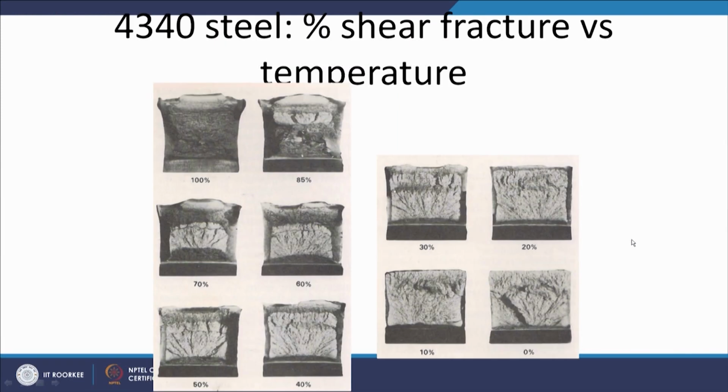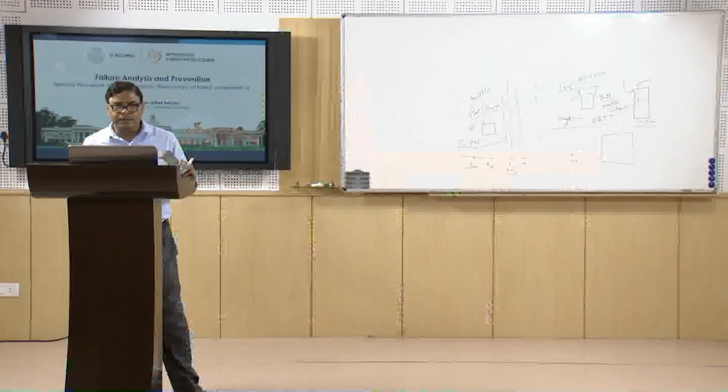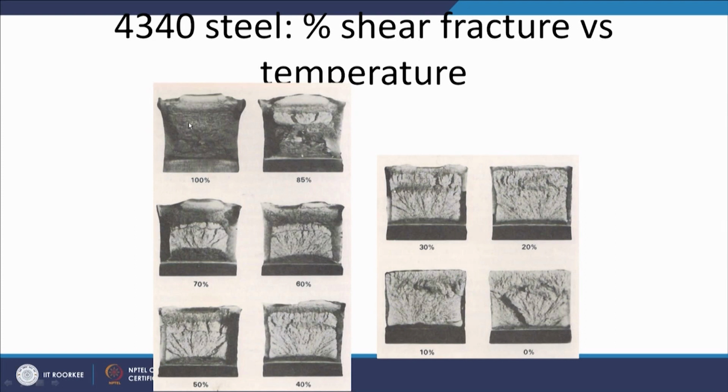So, how does the proportion of the brittle fracture and the shear fracture change as a function of temperature? Say at 40 degree centigrade, it is completely shear fracture and the energy absorbed is 140 joule.